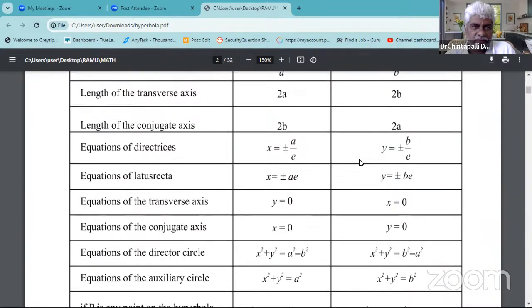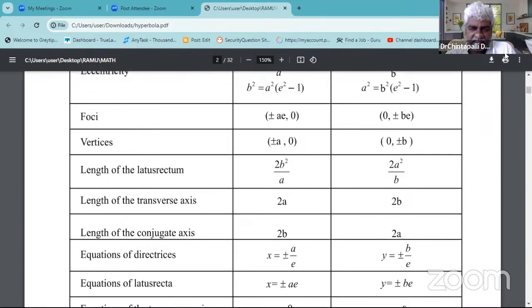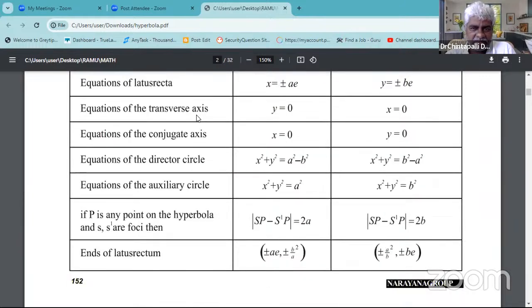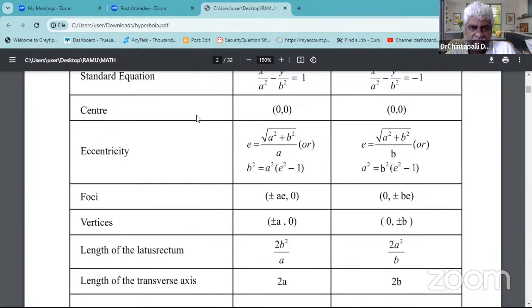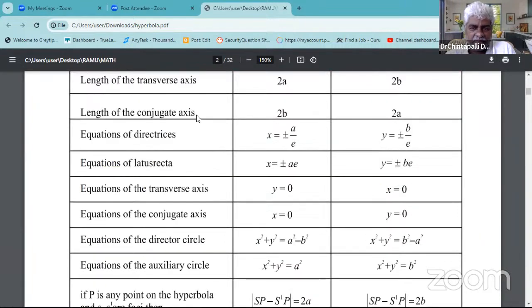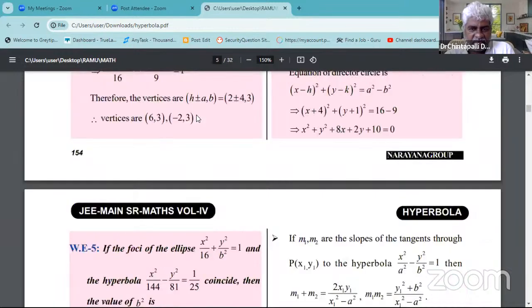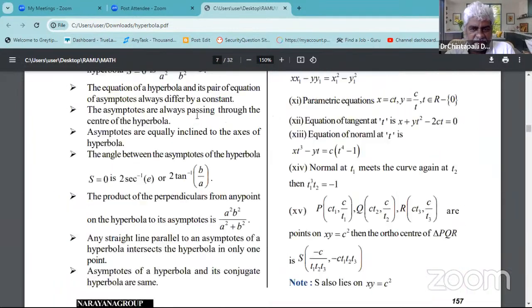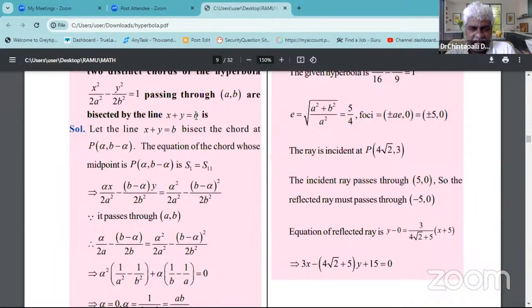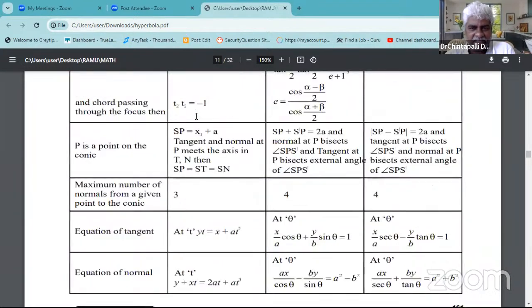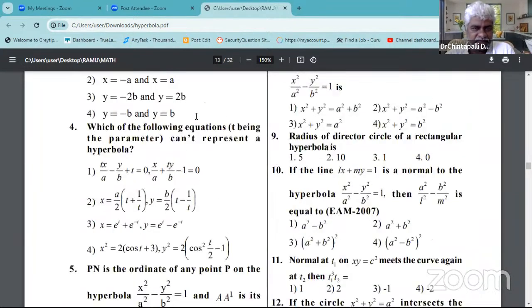Now, I recommend you to prepare a replica of this chart and place it at your study place. We did the second homework sums in today's class.